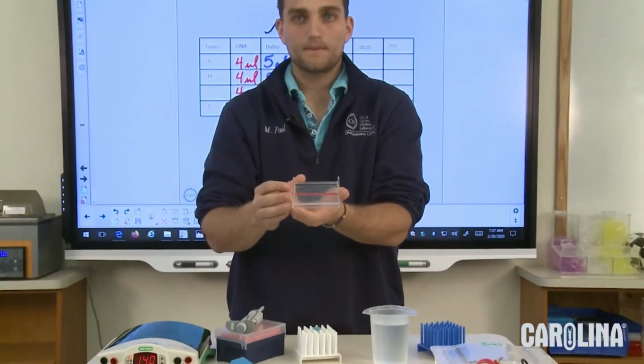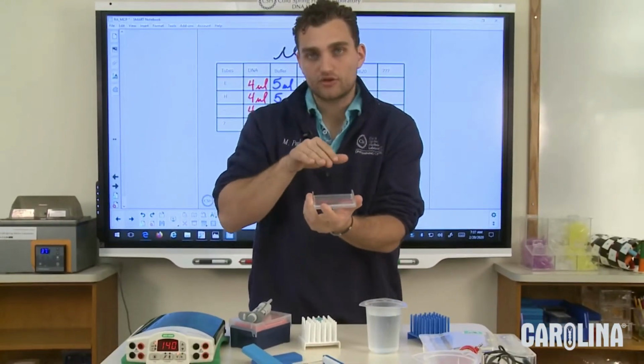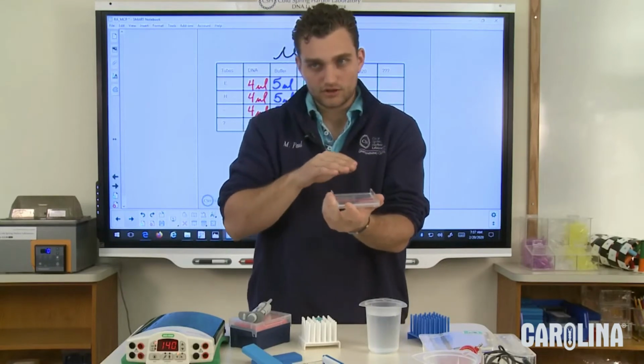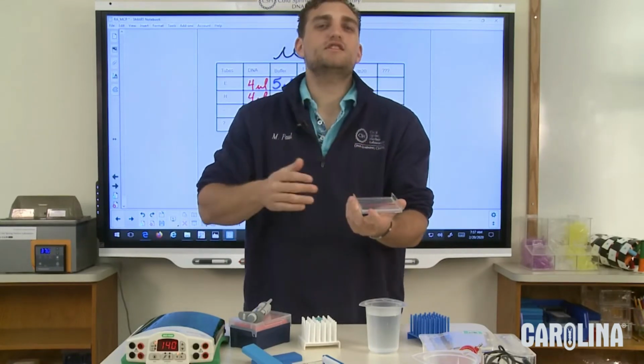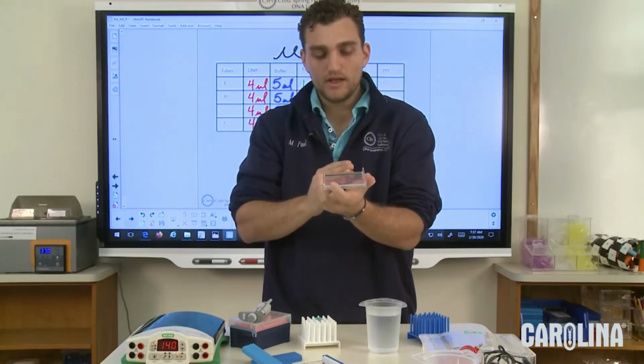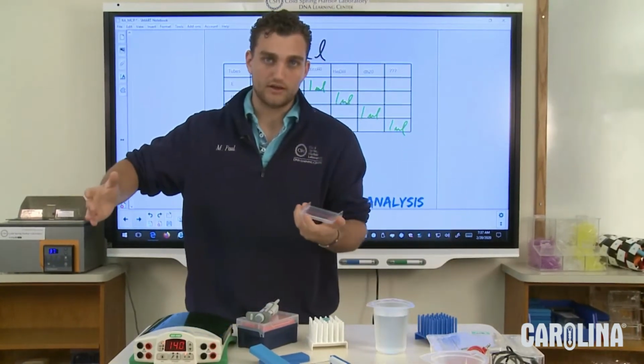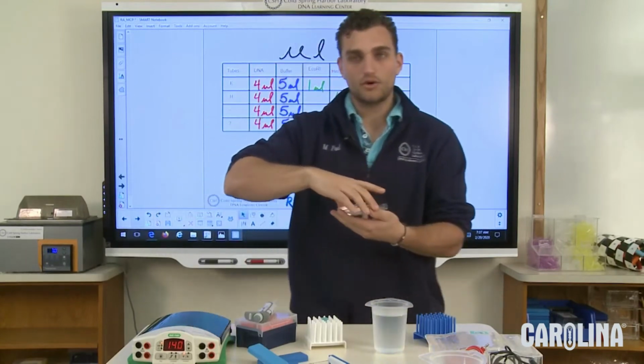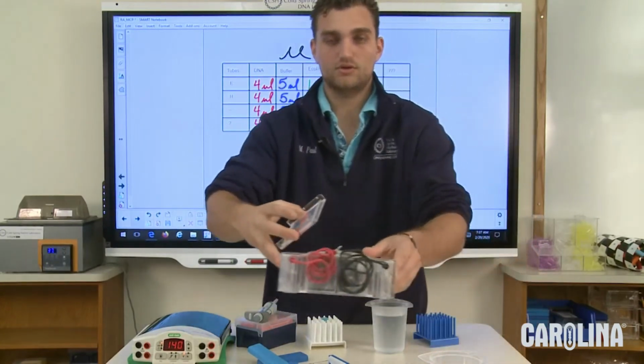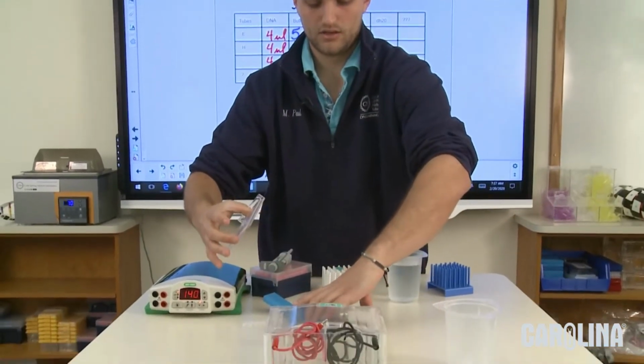Now, eventually I'm going to be conducting electricity through this gel. Now, electricity doesn't just fly through the air. We need to get this in a solution that will help to conduct the electricity through the gel. So in order to do that, I'm going to use this little gel box right here.